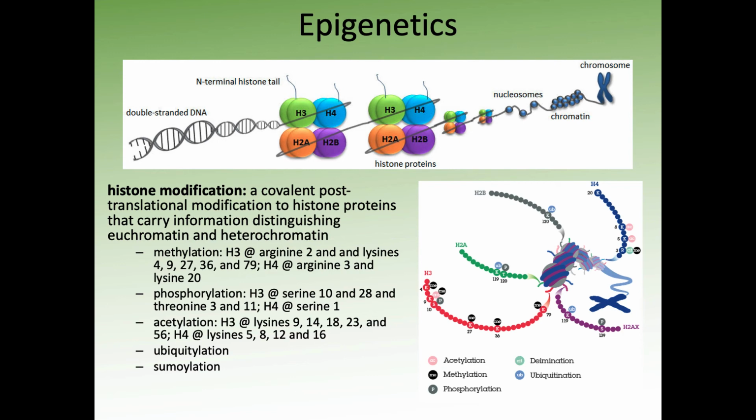And so you can see this is an image of each of these 8 histones stacked up into nucleosomes, right? And each one of these histones, if we think about things like the H3 histone, it'll have different types of arms coming off it.